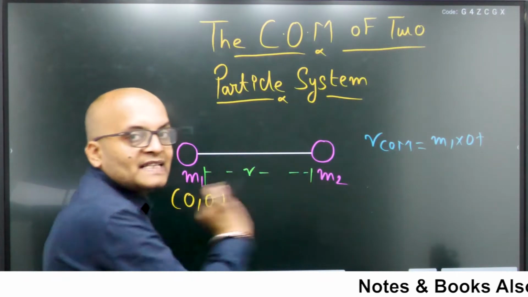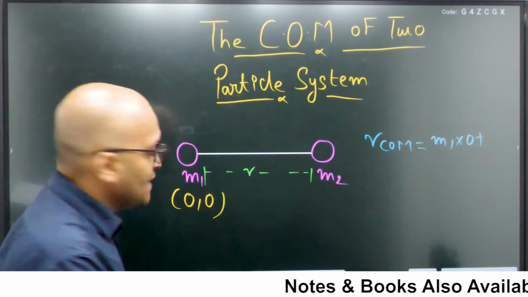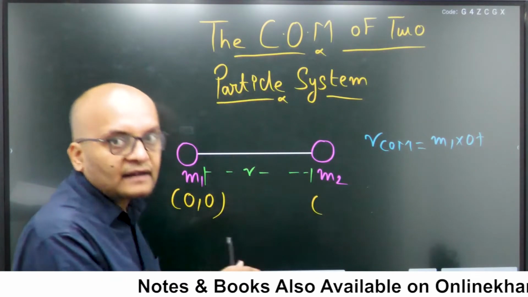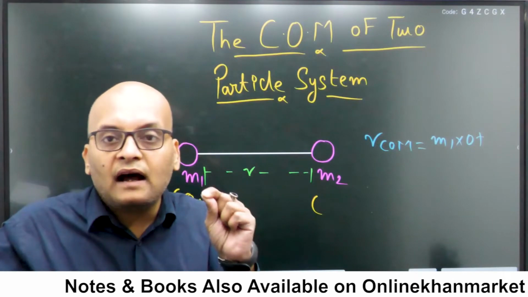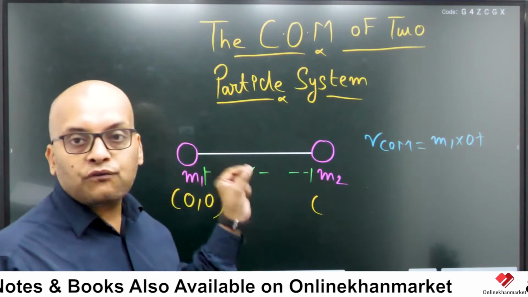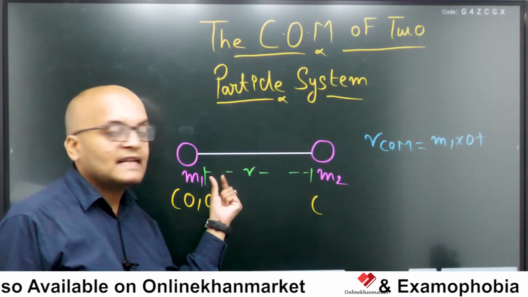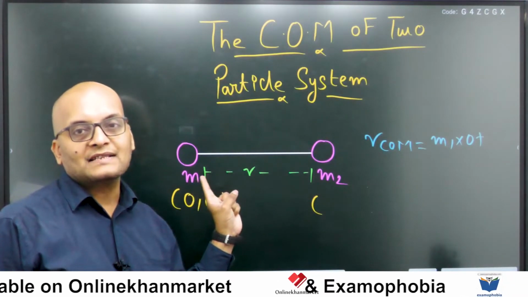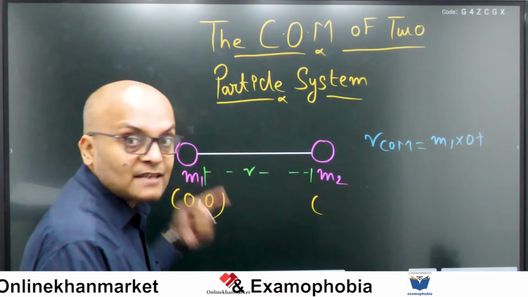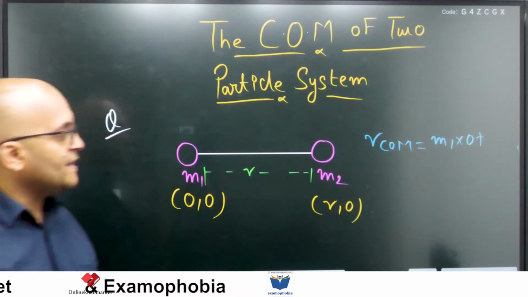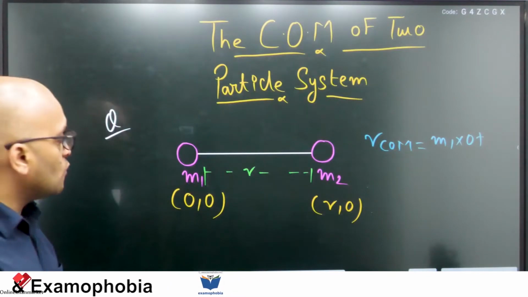It is lying along the same axis, that is the x-axis, yes or no? It is lying at the distance r from our origin, or from our mass m1. This second mass is lying at the distance r from our first mass, and along the same axis as well. So its coordinates will be r, 0.